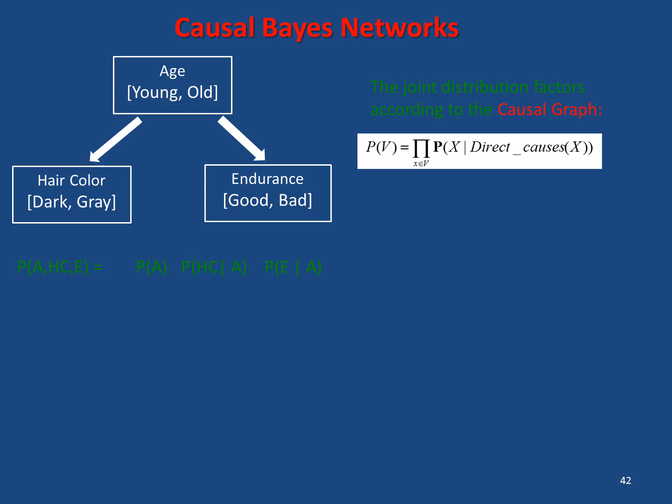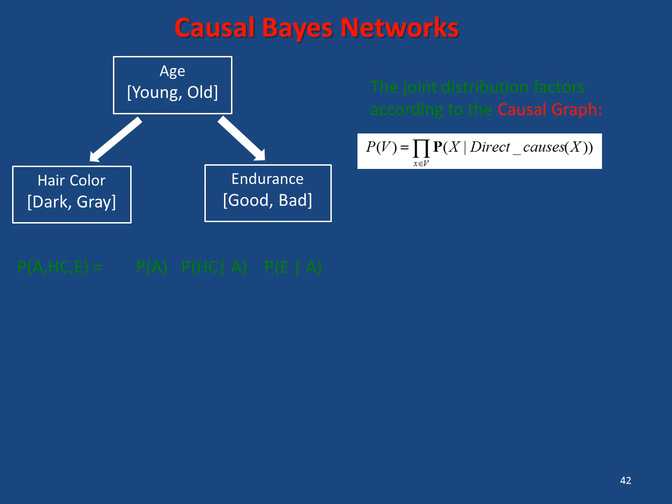And then I say the essential constraint on the probability distribution this graph imposes is that the joint distribution factors according to the graph. So this joint distribution among age, hair color, and endurance is going to factor so that it's a product of conditional distributions where each distribution is a variable conditioned on its immediate causes. The probability of age conditional on its immediate causes: it has no immediate causes. It's exogenous.